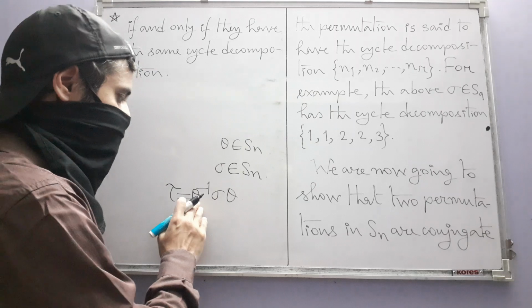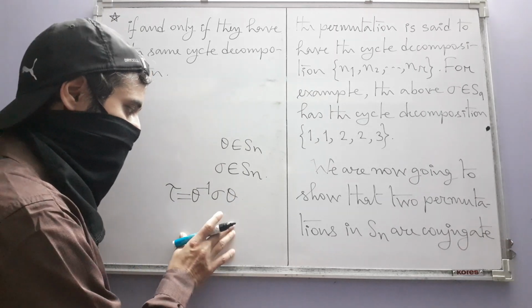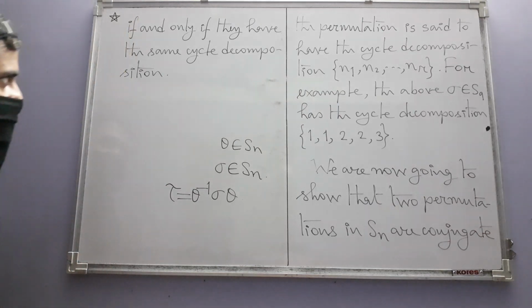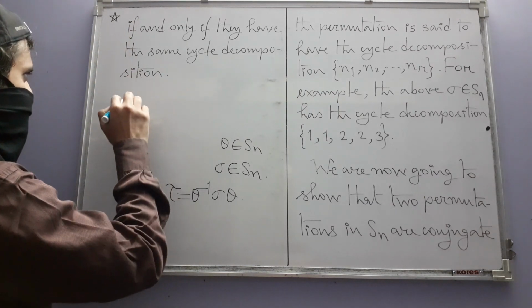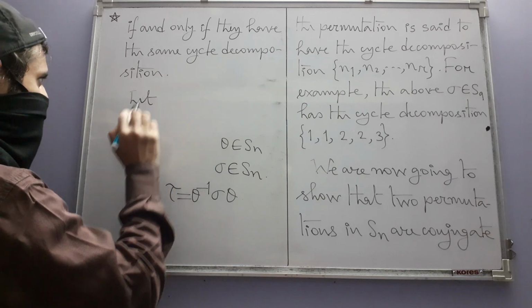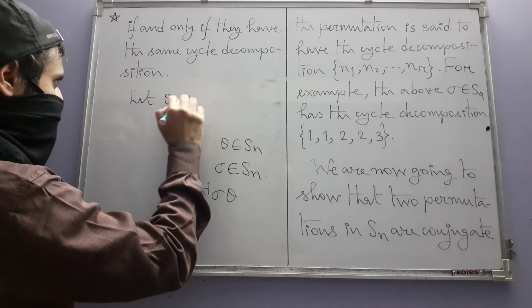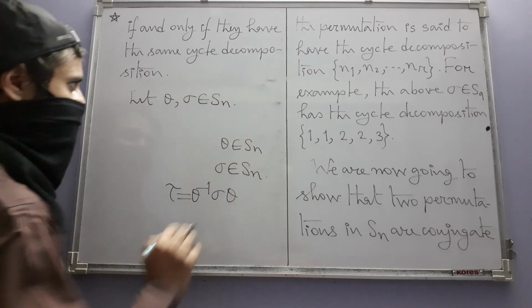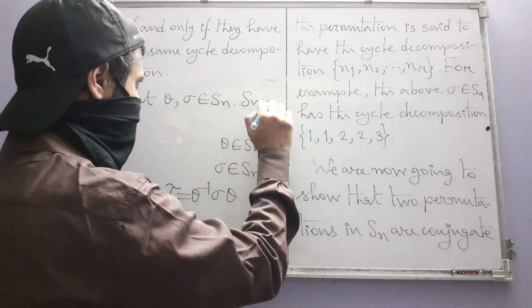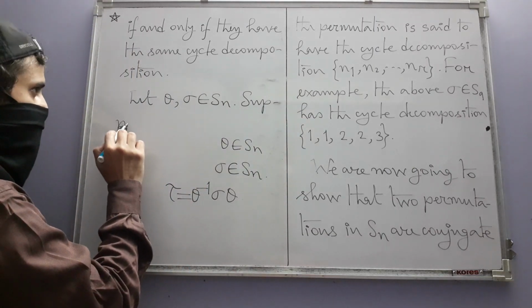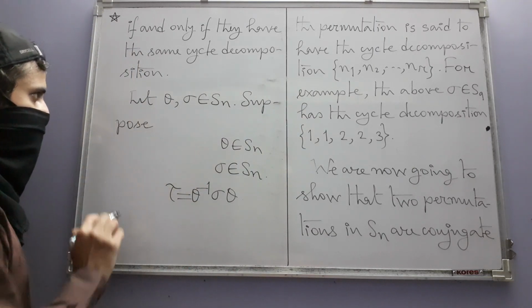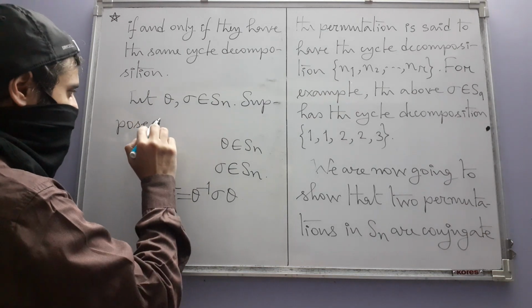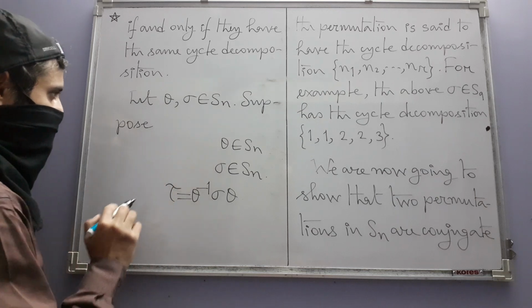No, normally we know what theta inverse sigma theta is, but there is a shortcut way of calculating it. So let's see what that thing is. Let theta and sigma belong to Sn. Suppose, let me write like this, okay, it will be more illuminating.